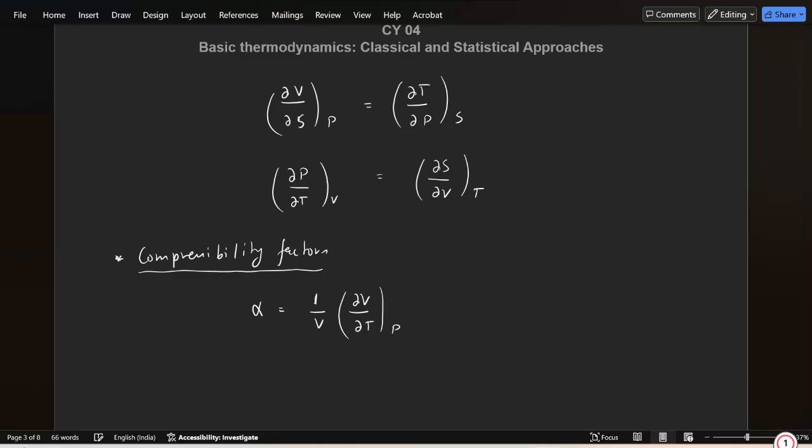Then we have compressibility, kappa T. This is called isothermal compressibility. Basically we compress and see how the volume decreases as pressure increases at a constant temperature.